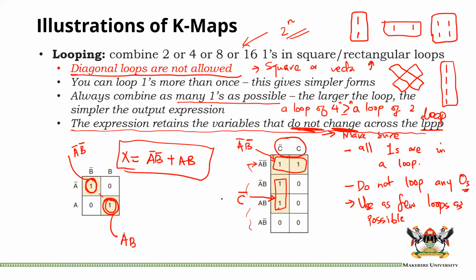So the one which hasn't changed is what we retain as B. And then it means that now we can write our X as A or B C inverse. And believe me, that is the simplest form possible.